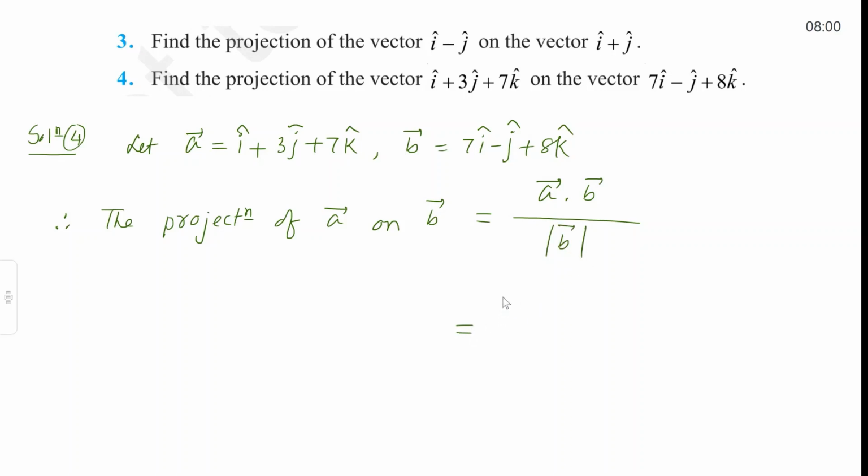Then the dot product of a and b is 1 into 7, which is 7, then 3 into minus 1 is minus 3, then 7 into 8 is plus 56, and divided by modulus of b bar, which is root over 7 square, that is 49, plus 1 square is 1, plus 8 square is 64.